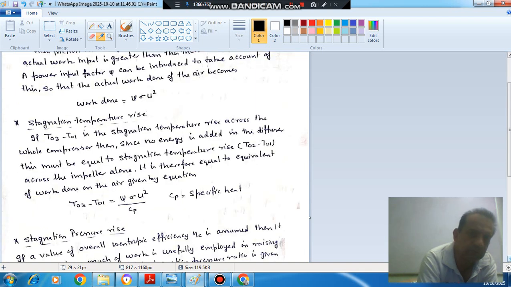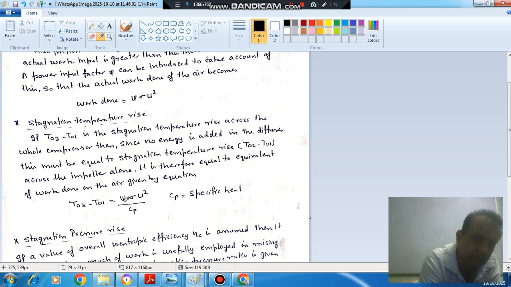Now this work input to the compressor will raise the temperature of the air, or we can say stagnation temperature of the air. It will also raise the stagnation pressure. Now we'll determine how much stagnation temperature rise is taking place.